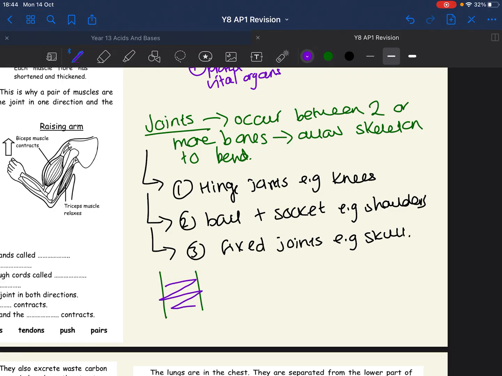The joint can be my purple thing. Now in a joint, the bone, the green one, green equals bones, is protected with cartilage. So cartilage can be this one. Your bones are protected with cartilage.